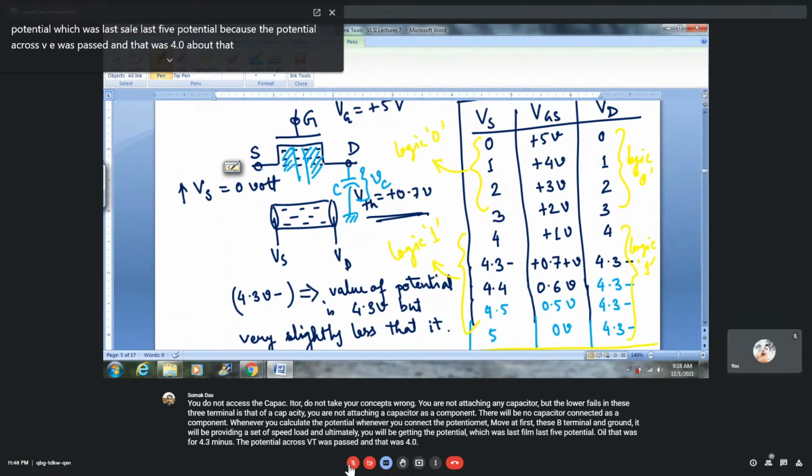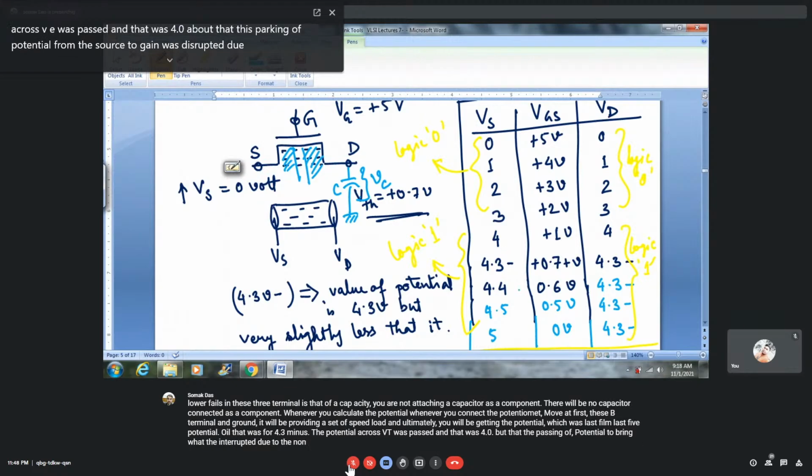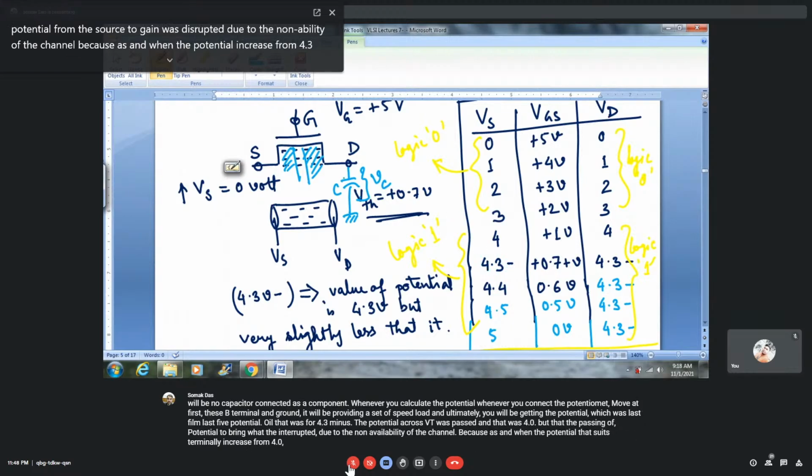After that, this passing of potential from the source to drain was disrupted due to the non-availability of the channel, because as and when the potential at the source terminal increased from 4.3 volts, the channel got cut off because the VGS potential moved below plus 0.7 volts. As the VGS potential moved below the threshold potential, this channel was cut off, and after that, any higher potential provided at the source terminal was not passed to the drain terminal.